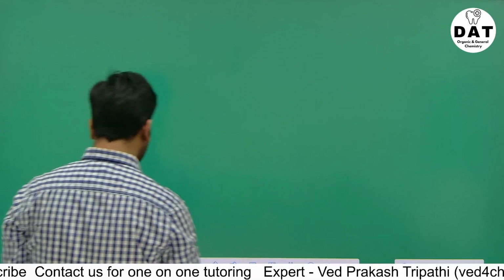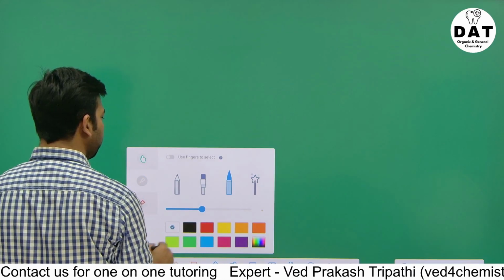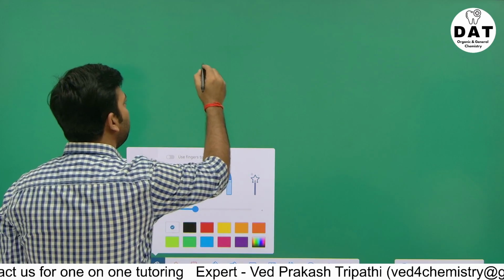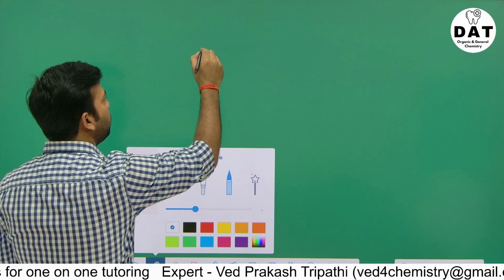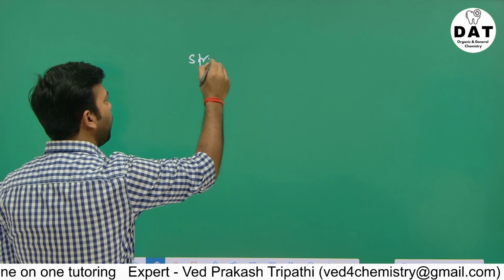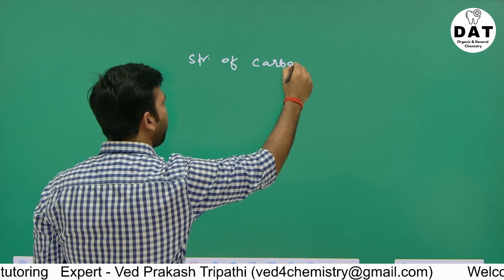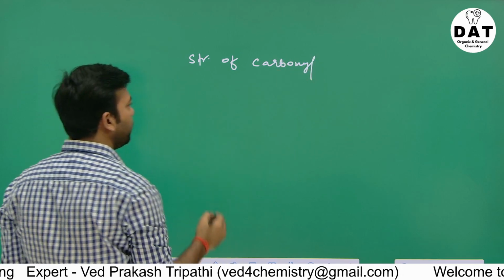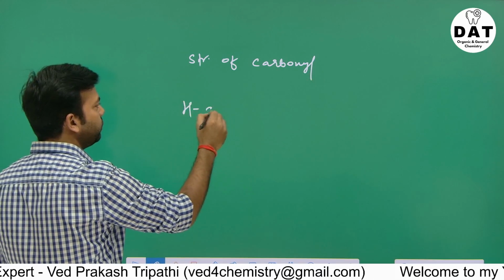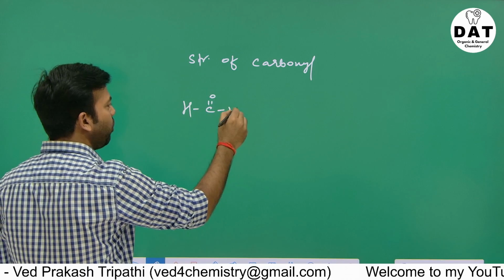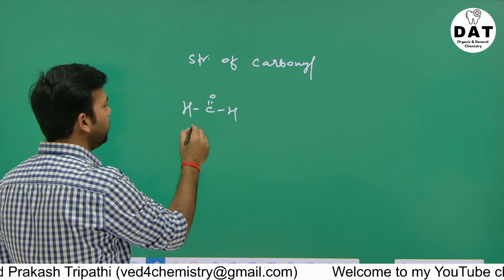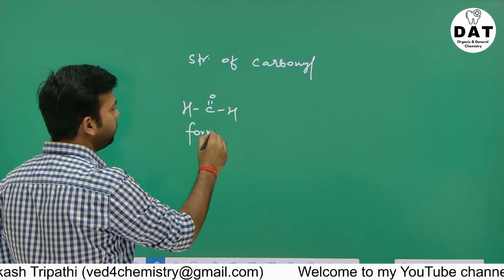Few important structures in this chapter. If you are going to talk about structures of carbonyl, this one, HCHO, the general name is also very important, which is called common name. This is called formaldehyde.